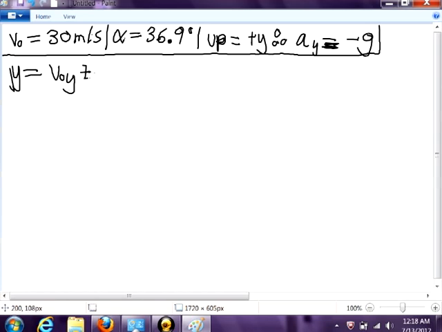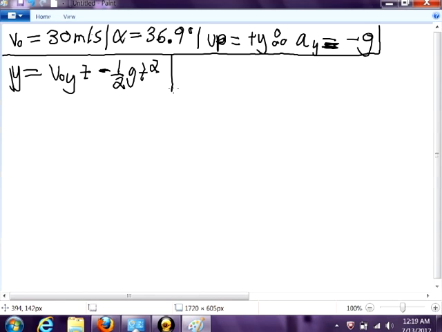And then remember that a sub y is negative g, so we're going to have negative 1/2 gt squared. Now we know everything in this equation except for the time, which we're trying to calculate, and v0y.